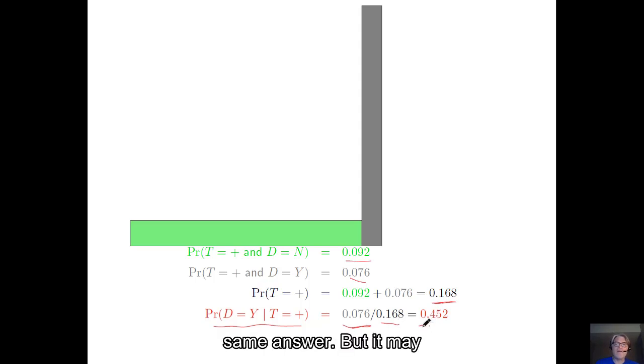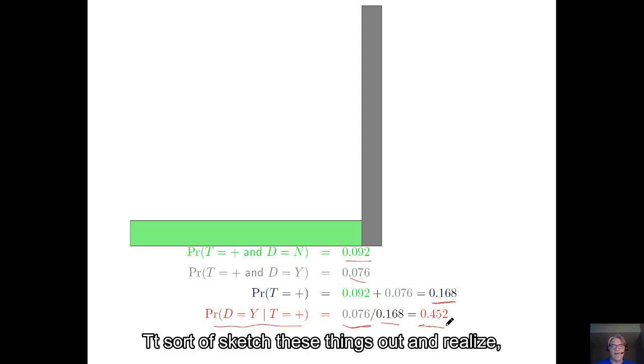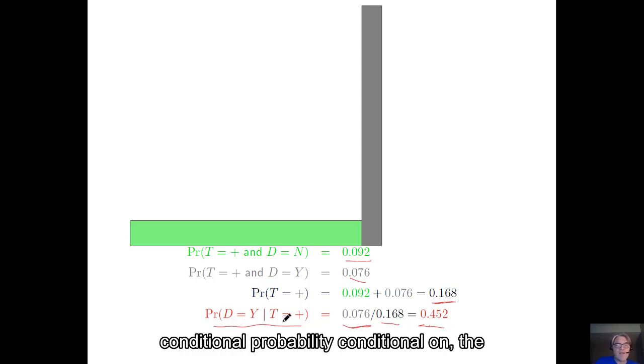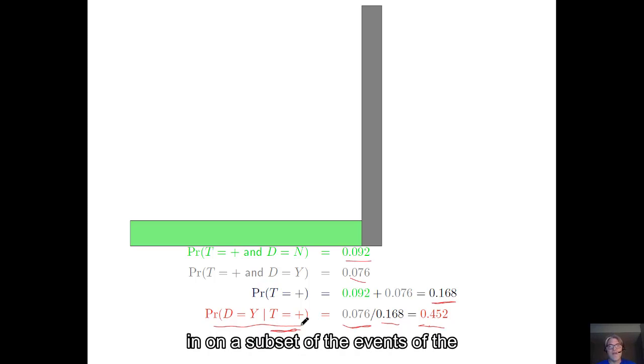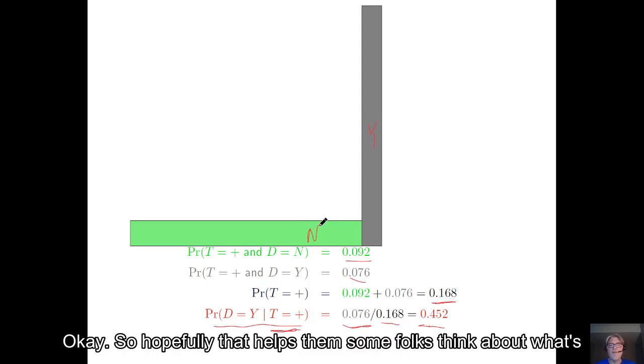So we get the same answer, but it may help you to sketch these things out and realize what's happening when we're asking for this conditional probability, conditional on the positive test: we're just focusing in on a subset of the events of the full sample space. And so that becomes our entire universe of events, and it's what fraction of them are disease yes versus disease no. Okay, so hopefully that helps some folks think about what's going on here.